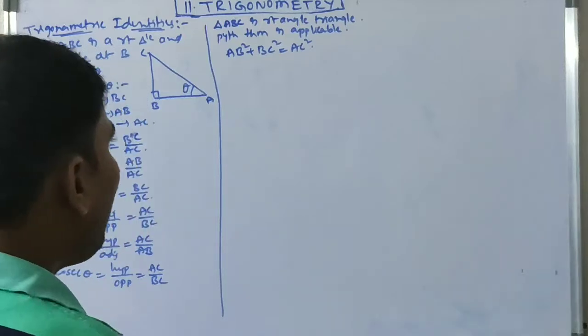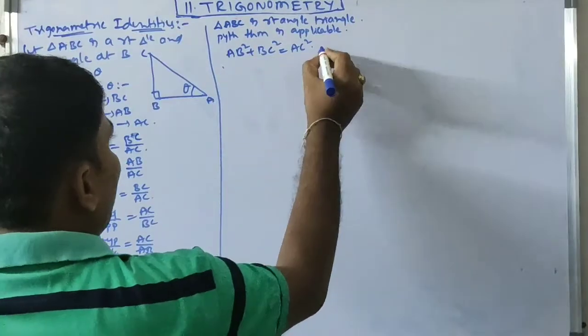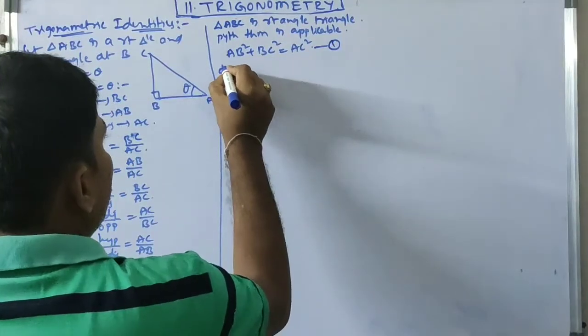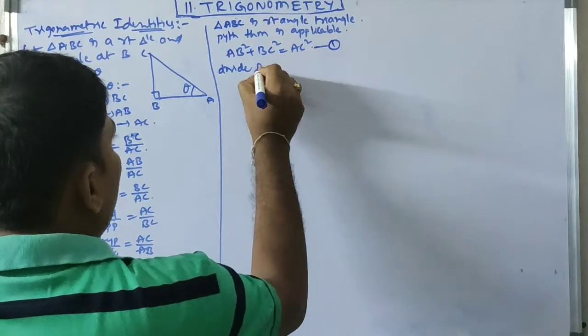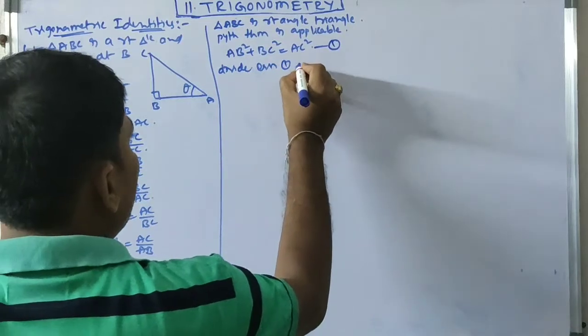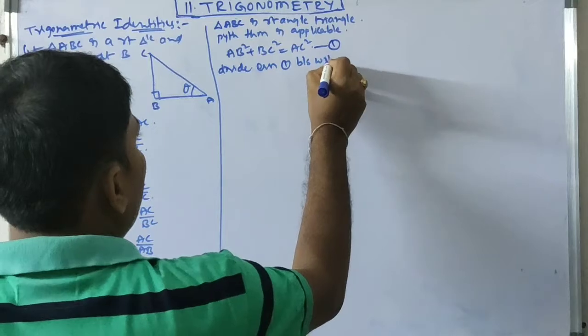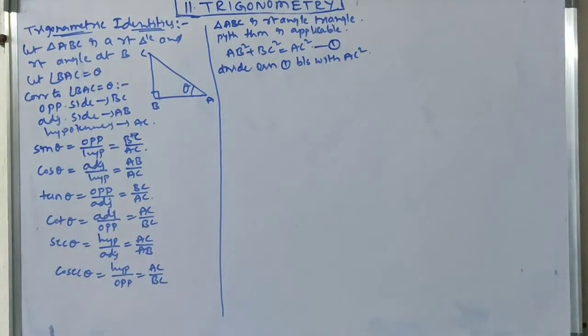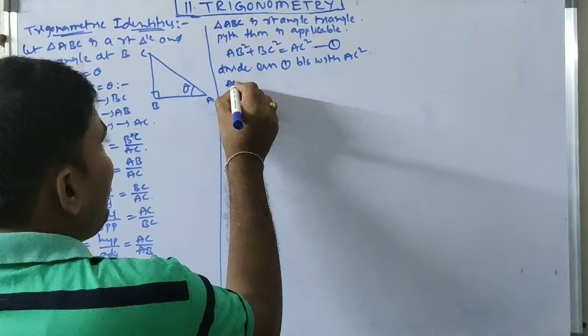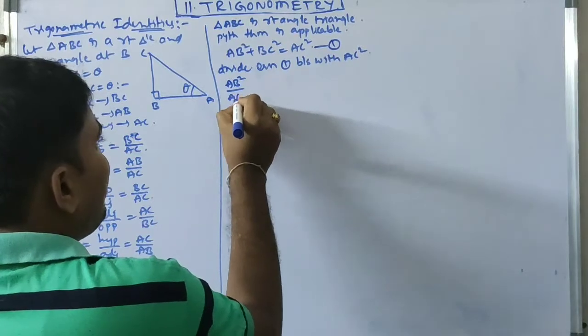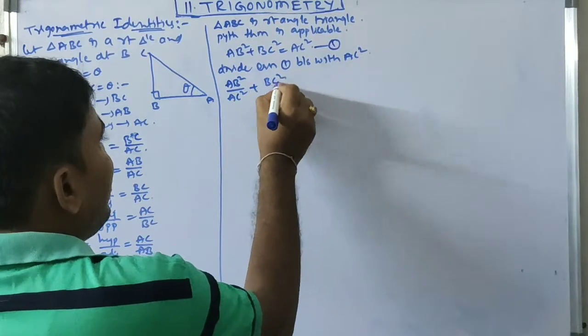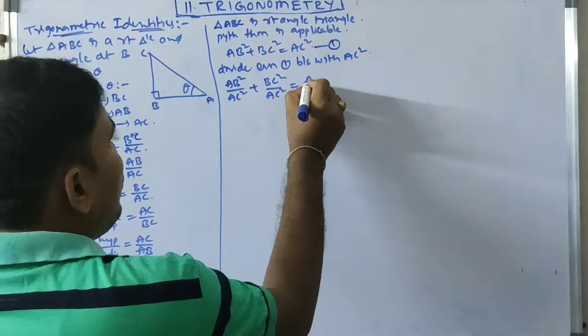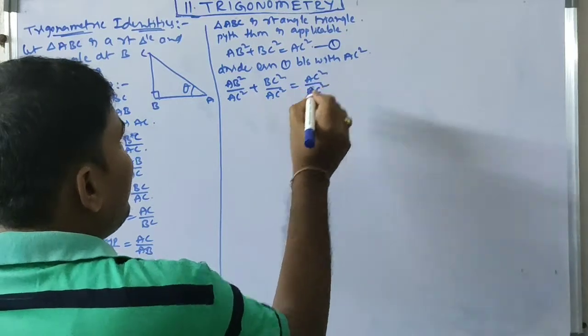So now I want to divide equation 1. Divide equation 1 on both sides with AC square. Okay, AB square by AC square plus BC square by AC square equal to AC square by AC square.